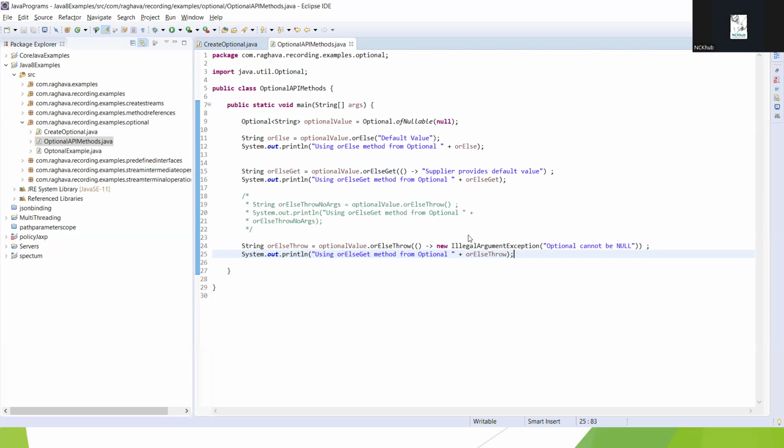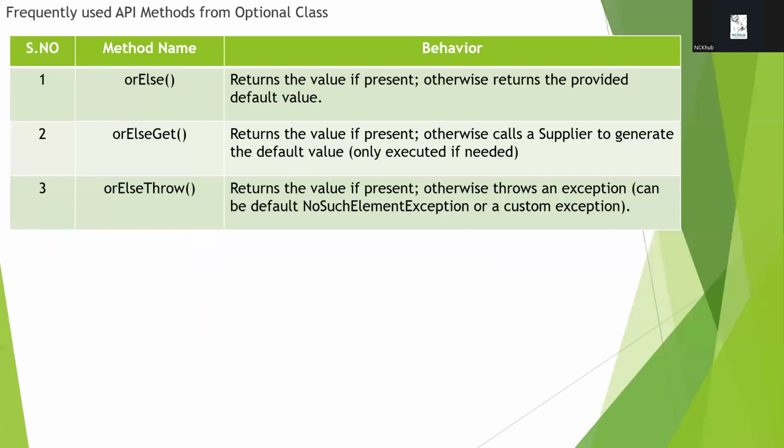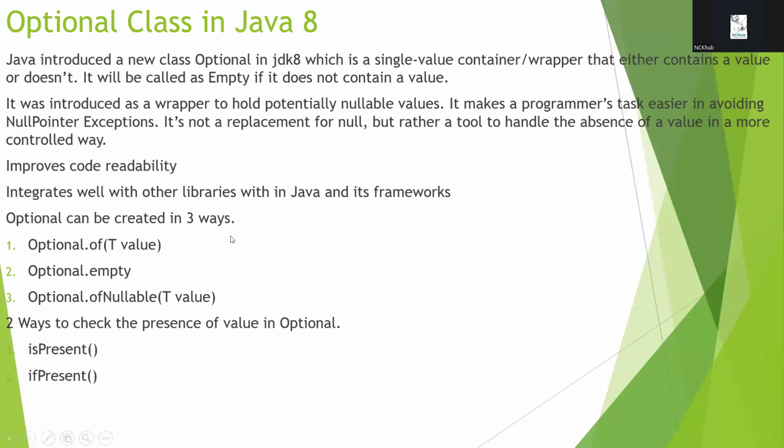So unpredictable null pointer exceptions can be easily handled using the Optional class, because whenever you get an Optional object, we have to use the methods which have the logic of checking the presence of the value inside the Optional object. Only if there is a value inside the Optional object will the execution go ahead, or else the execution will not go. That way, all the null pointer exceptions will be addressed very effectively.